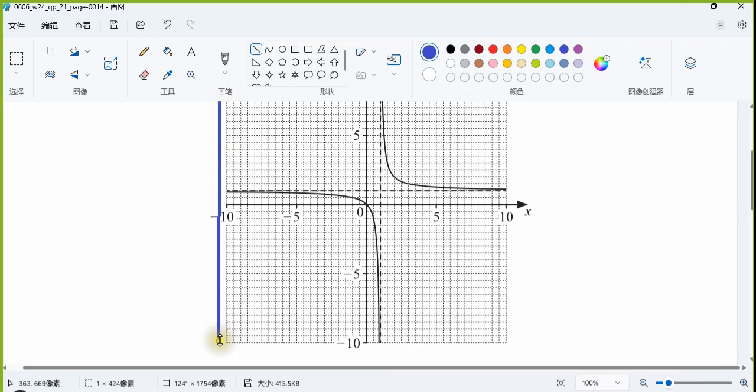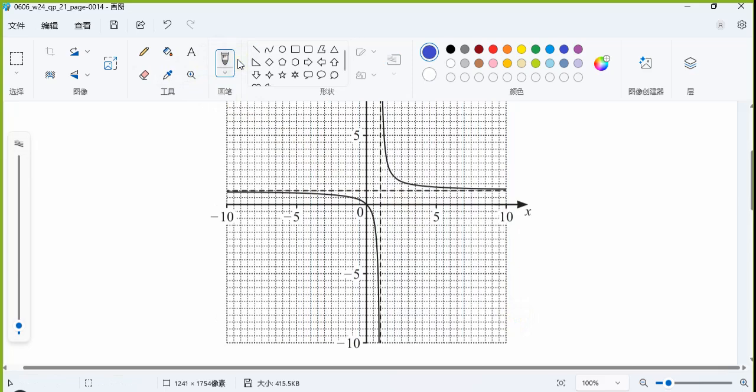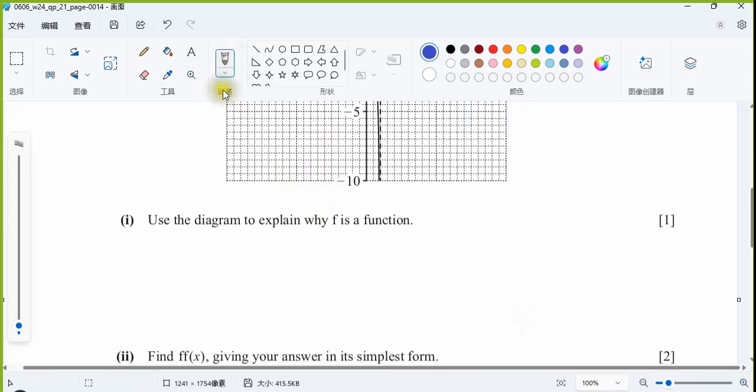We move from negative 10 until 10, and it only touches one point on the curve.